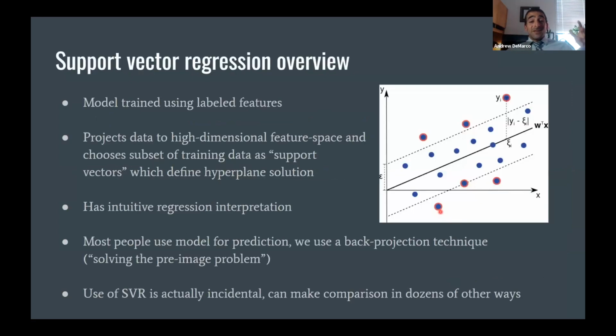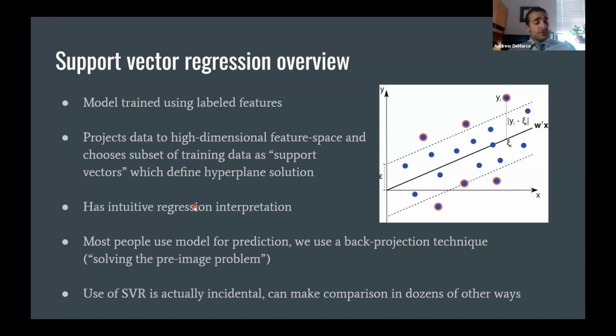So here I'm describing support vector regression, support vector machine regression. It's fancy sounding. It's basically just a multivariate regression. And unlike some newer machine learning techniques like deep learning, it's one of the members of the machine learning family that has a very straightforward interpretation in a regression context. It's basically just like a high dimensional multivariate regression.